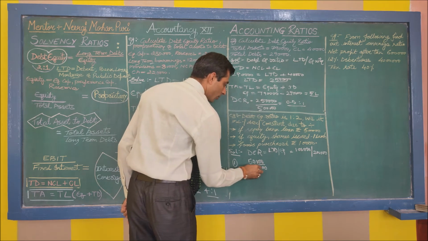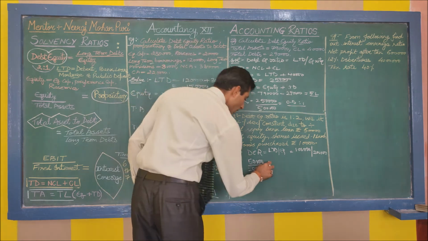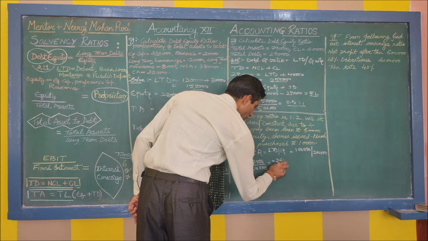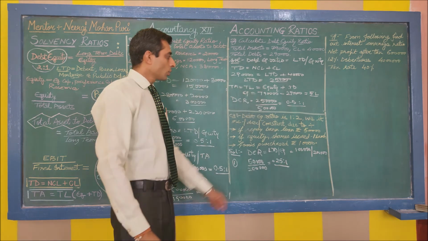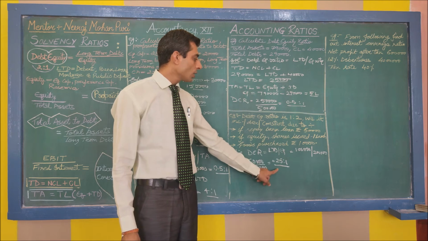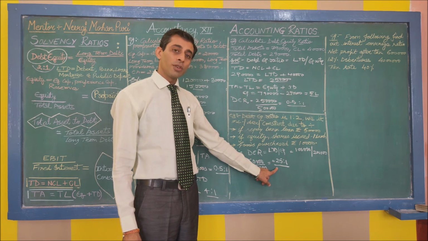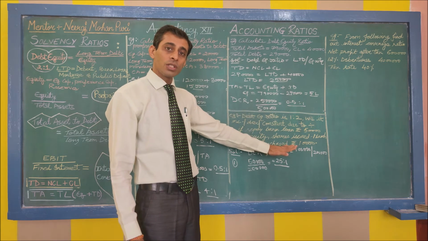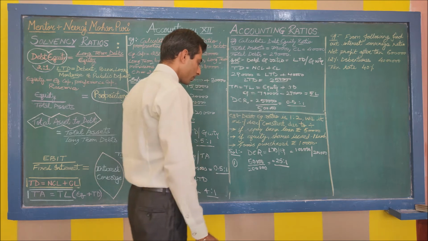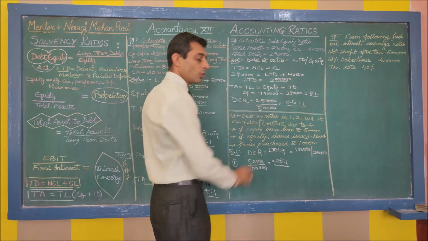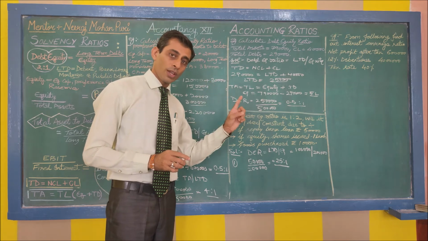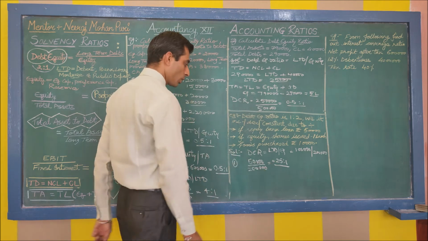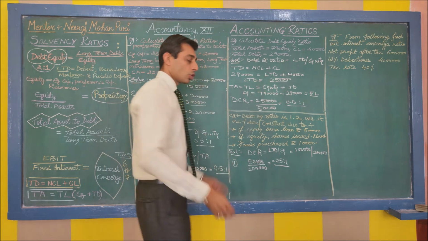It will become 1 upon 4, that is 0.25:1, whereas earlier the ratio was 0.5:1. It is further reduced, which is a positive situation. So the ratio has declined, but the situation is better.